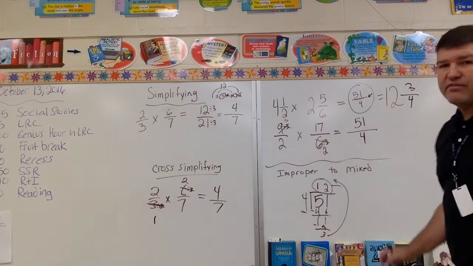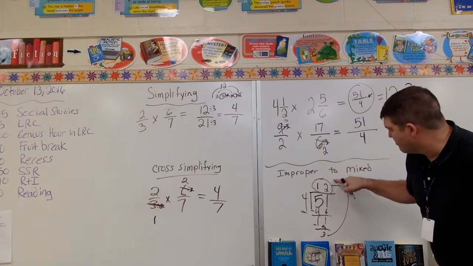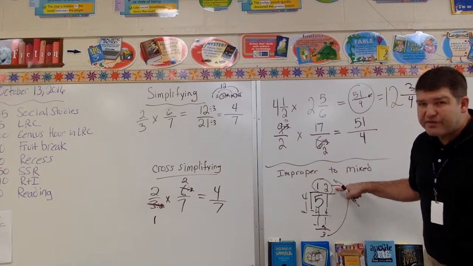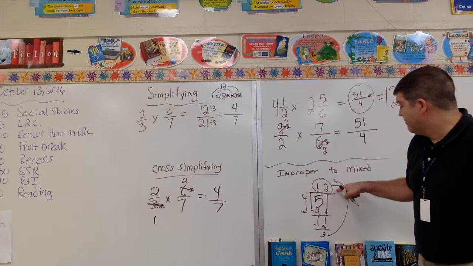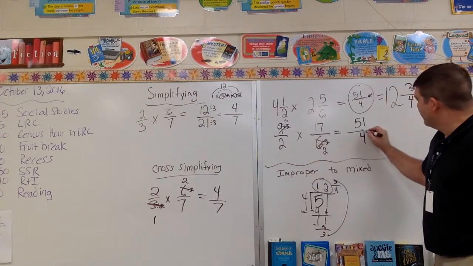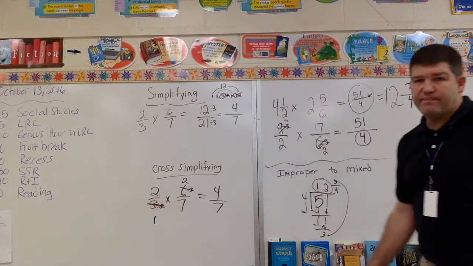So my answer is 12 3/4. So the whole number, the remainder goes up top, and what you divided it by, or the divisor, goes here. And I know that's 4 because I started with a 4, and you always have the same denominator, okay?